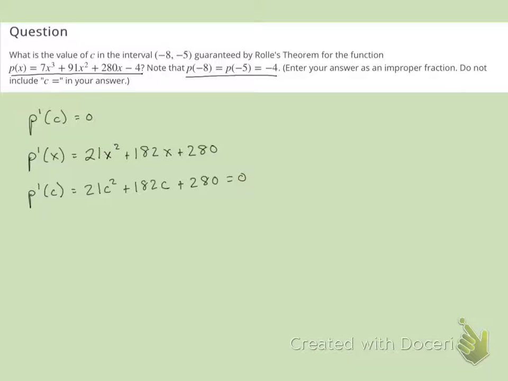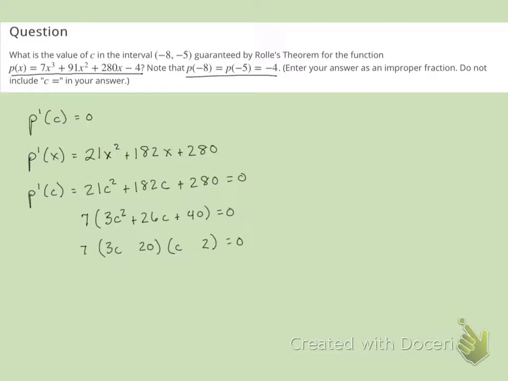So we can factor out a common factor of 7 first, and we'll have 3c squared plus 26c plus 40. And if we factor this, we'll do a 3c and a c, and then we want to multiply to get 40, so let's put the 20 here and the 2 here.